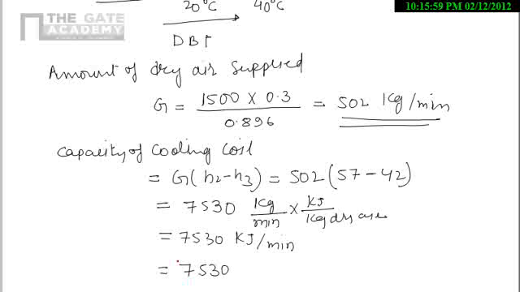And if we have to go for kilojoule per hour, we multiply it with 60. So here if I multiply it with 60, I will get kilojoule per hour.